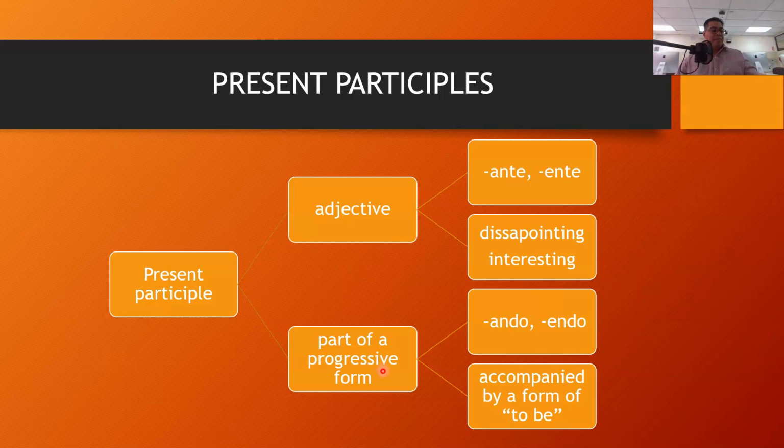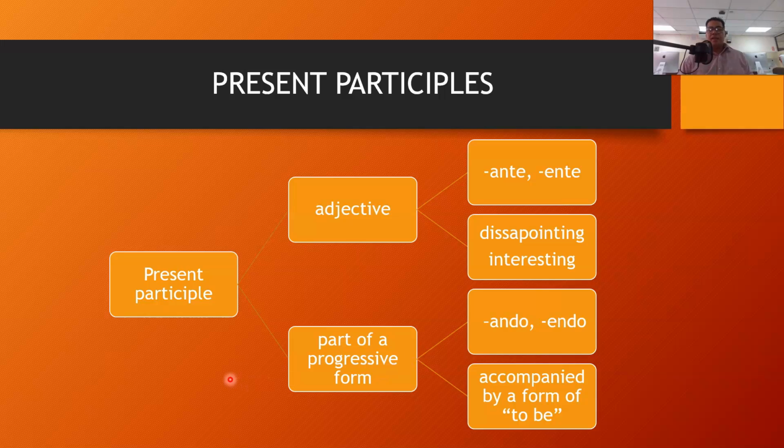Either it's past progressive or present progressive, or taking into consideration the future aspect, right? So you say future perfect. Excuse me, future continuous, not future perfect.